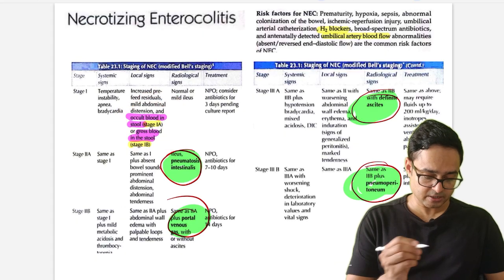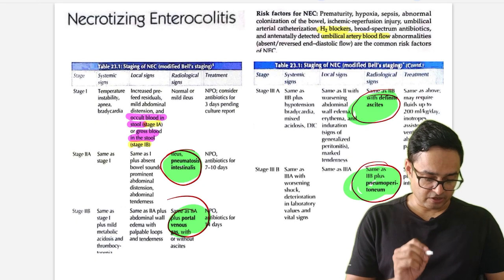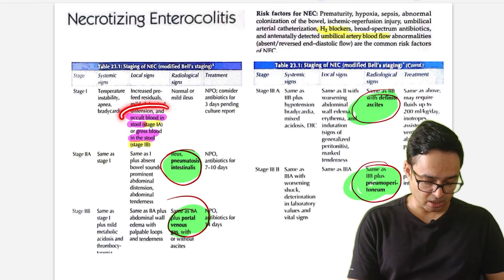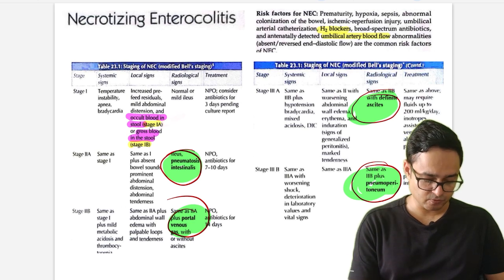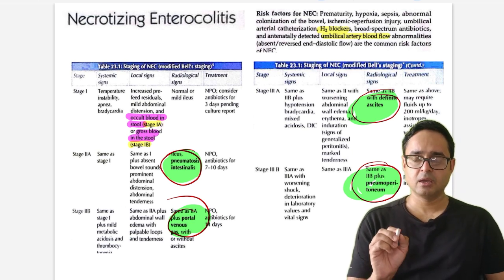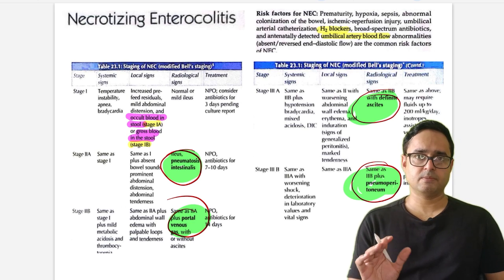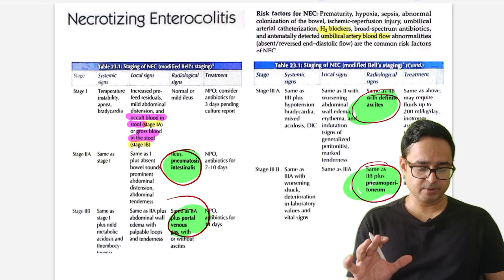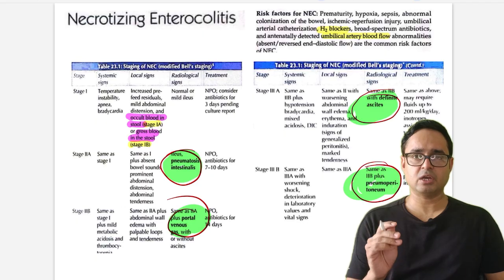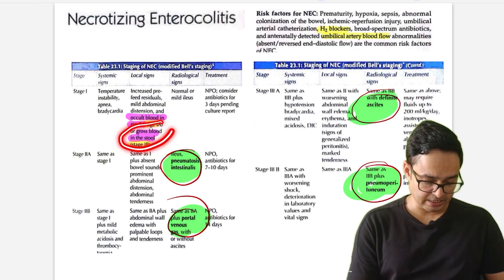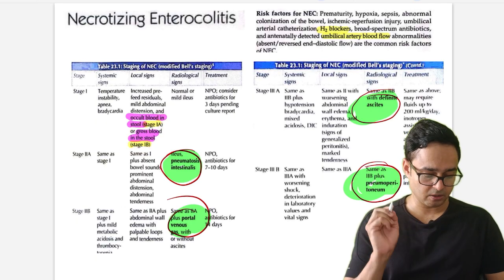If in the question it is mentioned occult blood in stool, this should be stage 1A. I am giving you the trick because this will be a complicated question. Gross blood in stool, if it is given, you have to search for keywords. It is stage 1B.